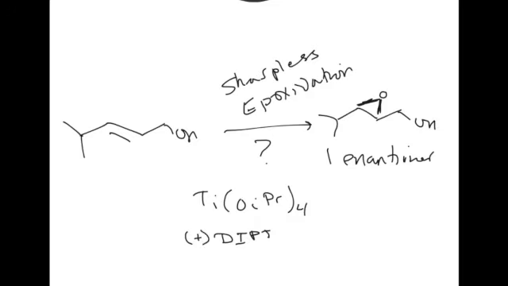It could equally be minus. Right? And that's it. So, I'm missing something. Oh, that's right. And tert-butyl hydrogen peroxide. So, tert-butyl hydrogen peroxide is TBHP.